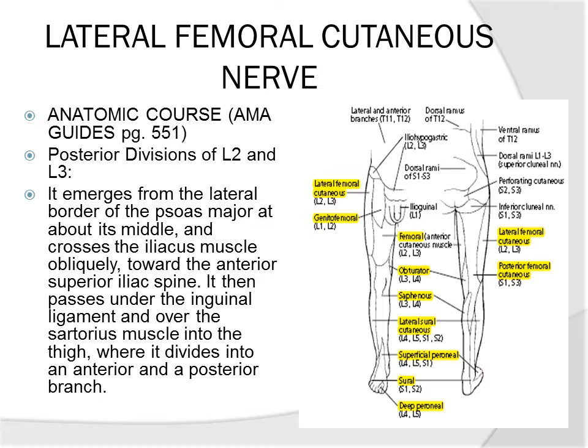So the lateral femoral cutaneous nerve comes down the iliacus muscle, and it angles towards the anterior superior iliac spine. And then over at the anterior superior iliac spine, it passes underneath the inguinal ligament and over the sartorius muscle into the thigh. And then from there, it divides into both an anterior and a posterior branch.